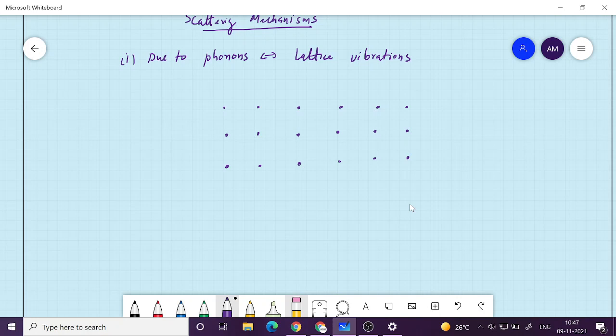So if you talk about these lattice vibrations, you can say that these atoms or these lattice points vibrate about their mean position, and the amplitude of these vibrations is proportional to temperature, okay.